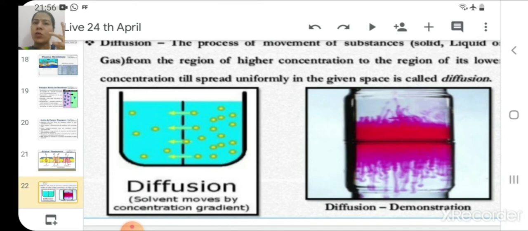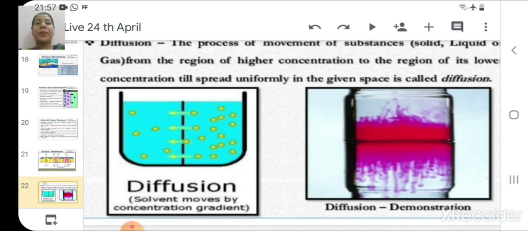But soon after some time, those who are coming from outside could also sense the smell. When they come nearer to me, they will know this is the place where the perfume was used. So here you can see that the molecules of that perfume moved from higher concentration to lower concentration.